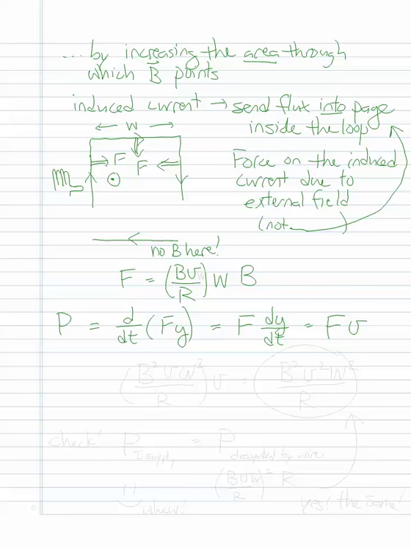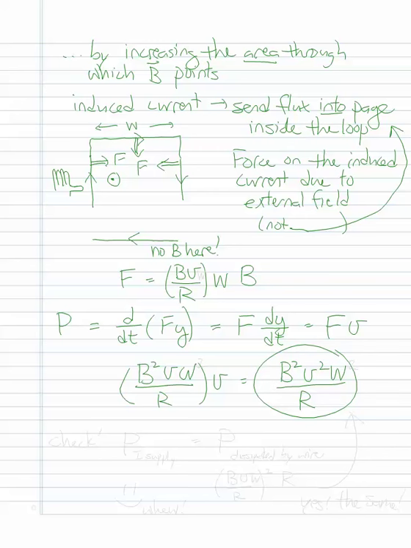So all I have to do is take my force, which is 2 factors of B times a V times a W all over R, times 1 more V, and I get B squared V squared W all over R. And that's the answer.